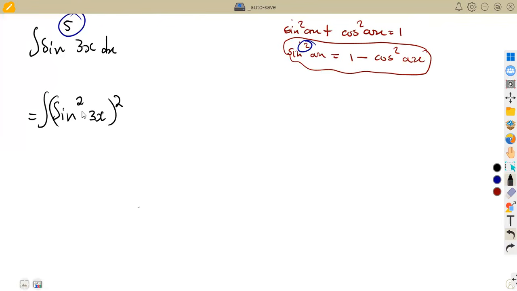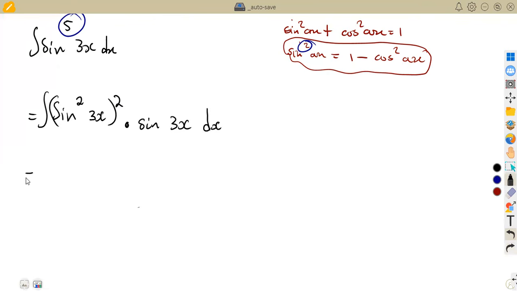But if we raise to the exponent of 2, what do we get? Remember, 2 times 2, exponents multiply. 2 times 2 is what? It's 4, not 5. So in order to get 5, we are supposed to multiply by another sine 3x, so that here we've got an exponent of 4 plus 1. 4 plus 1 gives us a 5.